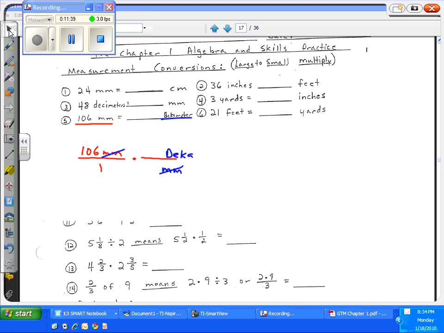And so we would look at our conversion, and we had kilo, hecto, deca, the basic unit, deci, centi, milli. When you go from milli to deca, it's 10, 100, 1,000, 10,000. 1 deca is 10,000 milli.